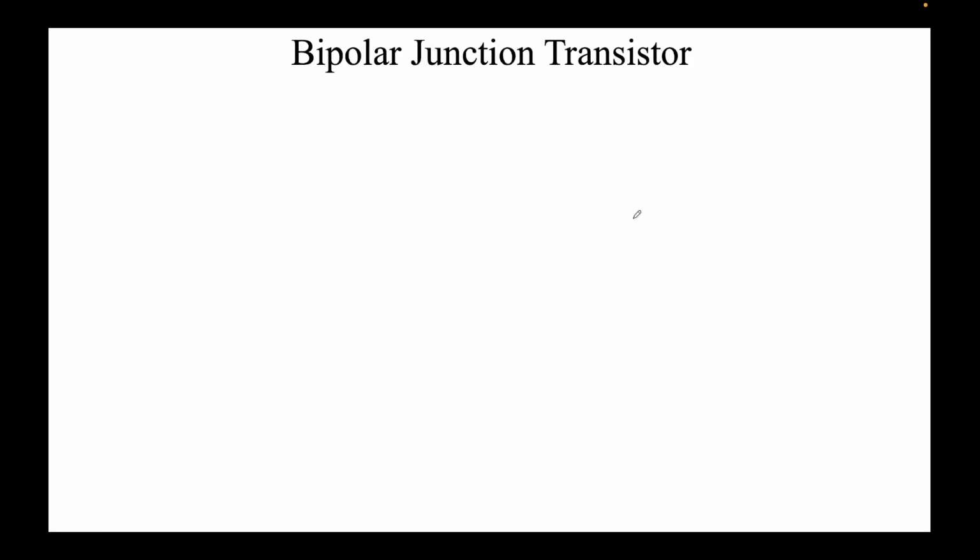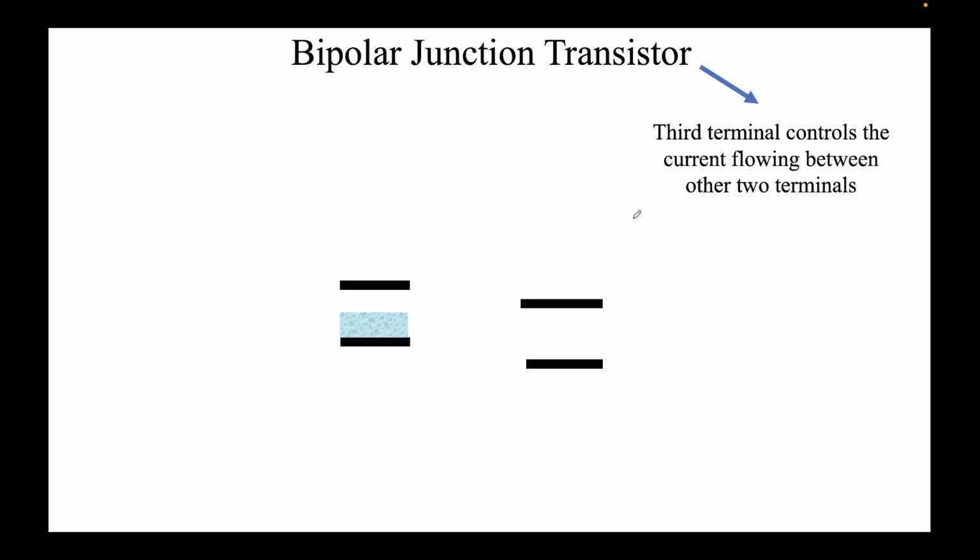So let's first quickly see what a transistor does. Bipolar junction transistor is made up of 3 words. The third word, which we'll talk about first, is transistor. A transistor is a device where the third terminal is controlling the flow between the other 2 terminals. As you can see, on the left there's some water. This blue is the water level, and this is a tube. On the right side there's again a tube of the same diameter.